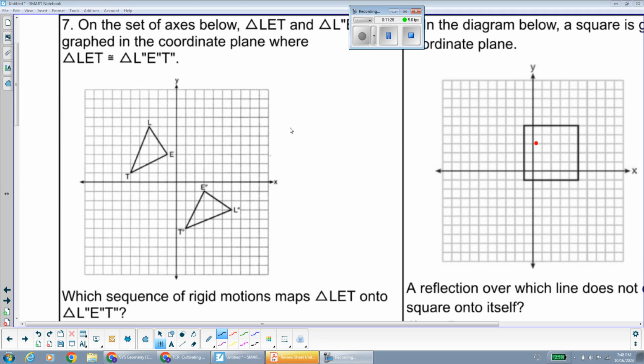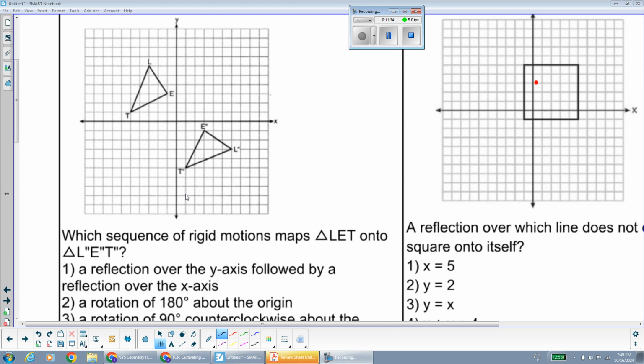For this next one, we need to pick the answer choice that has the sequence of rigid motions that maps this triangle onto this triangle. So let's go through them. The first one says a reflection over the y-axis, followed by a reflection over the x-axis. And before I actually test it out exactly, I just want to see if the letters are going to match.